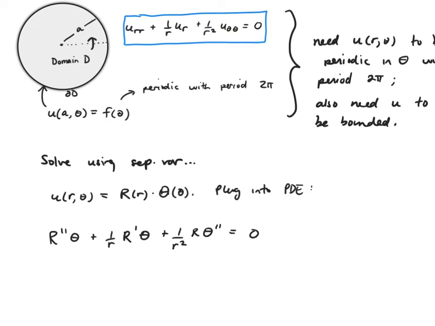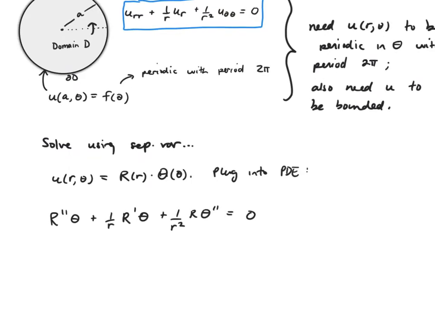And that equals 0. I'm going to do my usual division by R theta. And I'm also going to multiply the whole thing by R squared. Okay? And that's going to give me R squared, R double prime over R, plus R prime over R, equals negative theta double prime over theta.